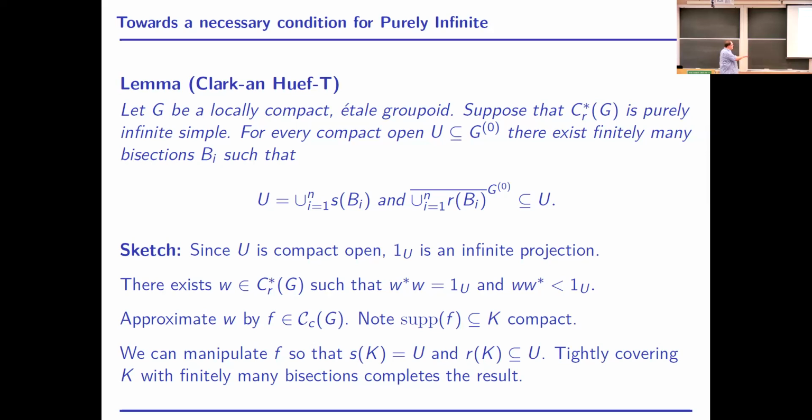And so this is why I emphasize that these are the source and the range projections, just because this is how this proof goes, and in the other direction, how you construct your infinite projections from these bisections.